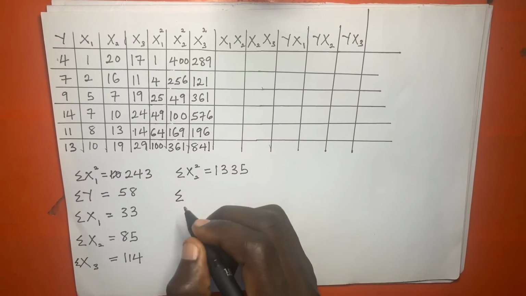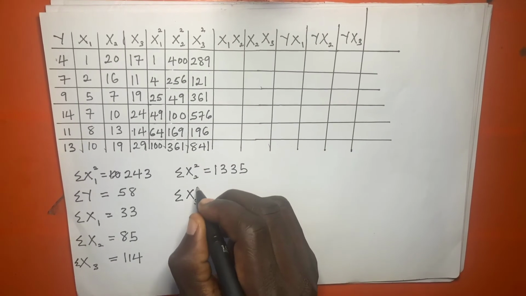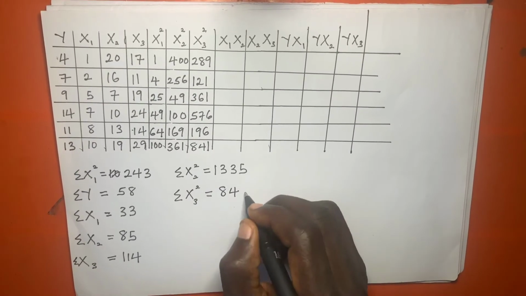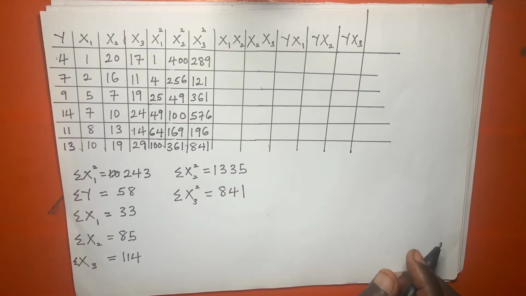Therefore, summation x3 square will definitely give us the total. So we're done with the squares.